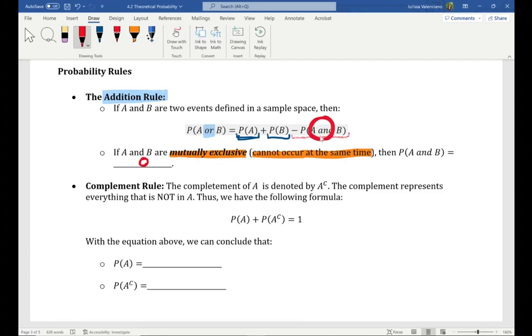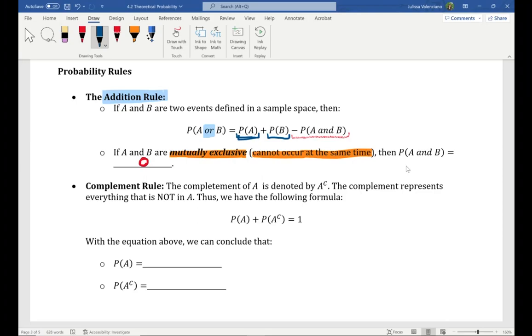So here I'm just subtracting by 0. In that case, we would just have the probability of A or B is equal to the probability of A plus the probability of B. Even if we have mutually exclusive events, we're still using the same formula. Here, I just want you to recognize that if A and B cannot happen together, if they're mutually exclusive events, then the last part of our formula, the probability of A and B, is just going to be 0.